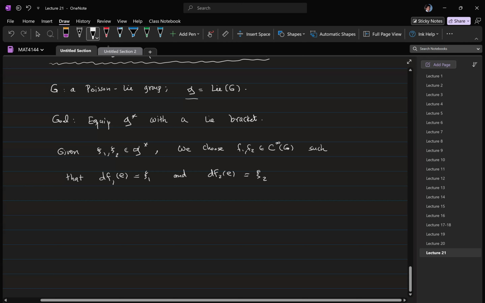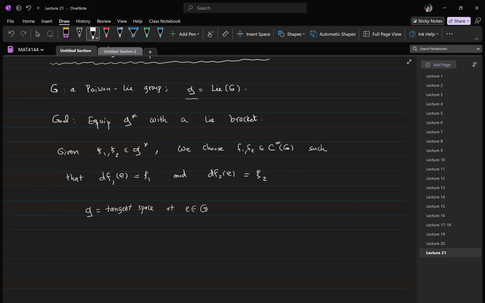So remember, we had this discussion that in fact, the Lie algebra really is the tangent space at the identity element. This was because it was obtained by all the vectors that were tangent to the curves passing through the identity element, okay? And therefore, the derivative of a function on G should have values in the dual of this G, which is G star, okay?